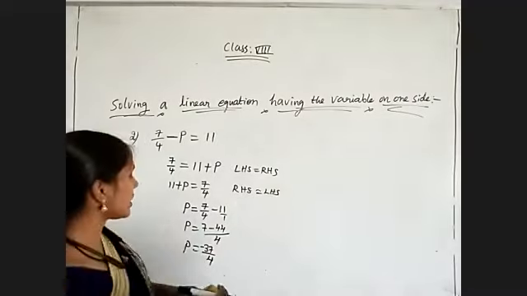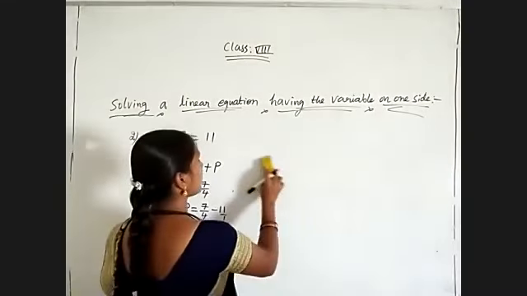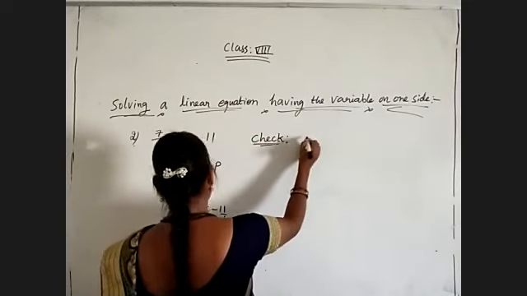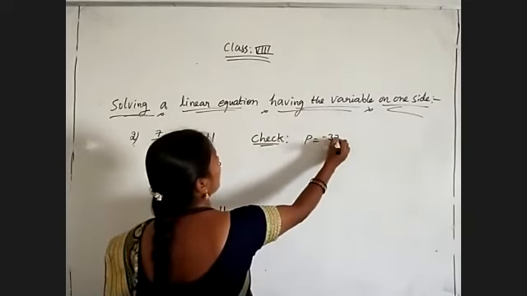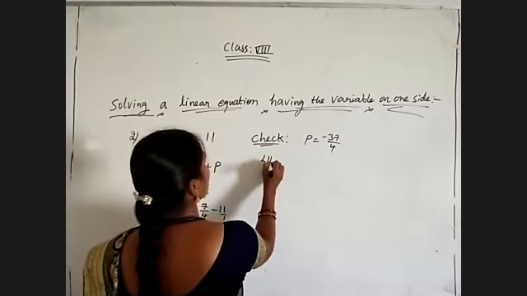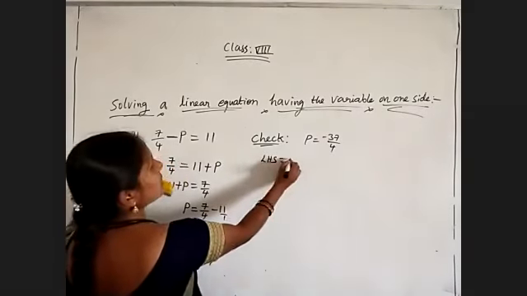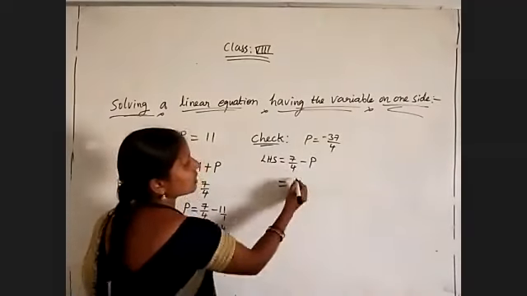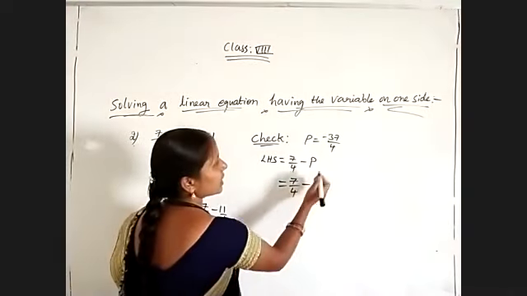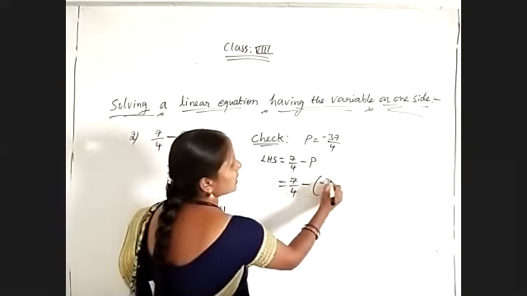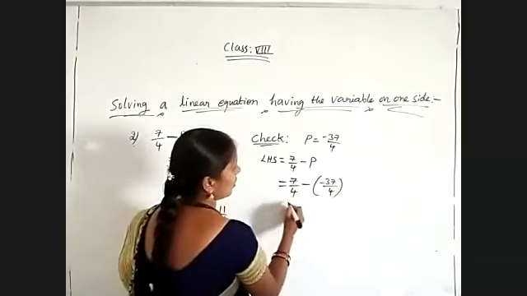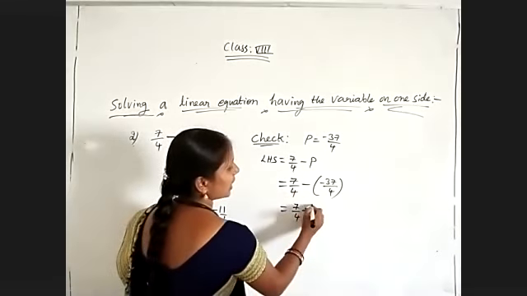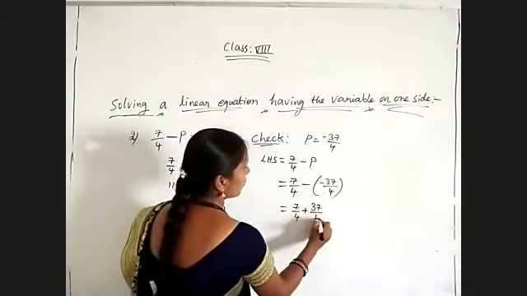Now check whether this is correct or wrong. Whatever p value we got, is it correct or not? What p value did we get? Minus 37 by 4. So what is the LHS of the original equation? 7 by 4 minus p. So 7 by 4 minus p value, which is minus 37 by 4. So 7 by 4 minus into minus will become plus 37 by 4.